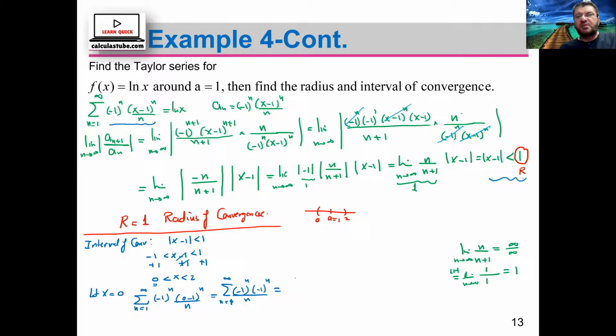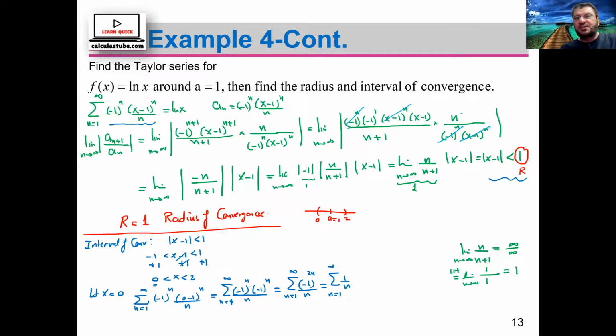Minus 1 to the n times minus 1 to the n is minus 1 to the 2n, right? We add them over n, where n equals 1 to infinity. But we know that this is an even power. So this is 1 over n, where n equals 1 to infinity.